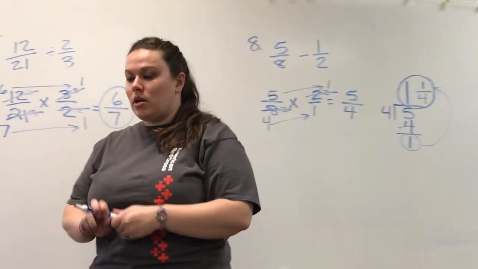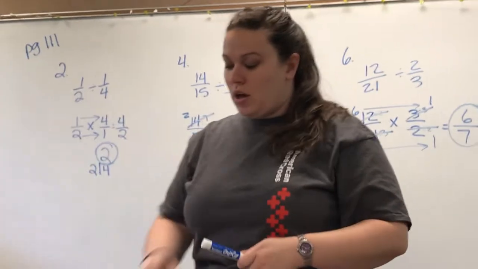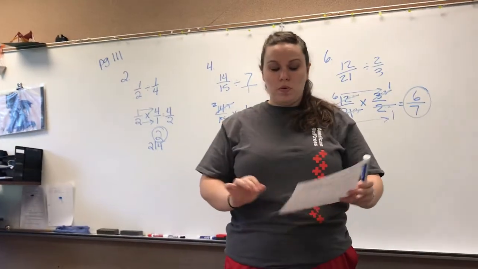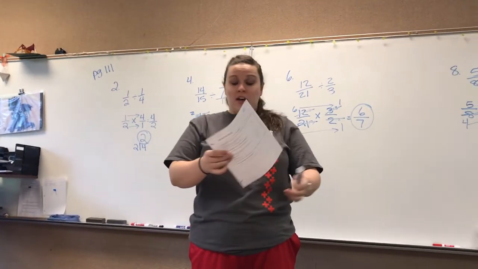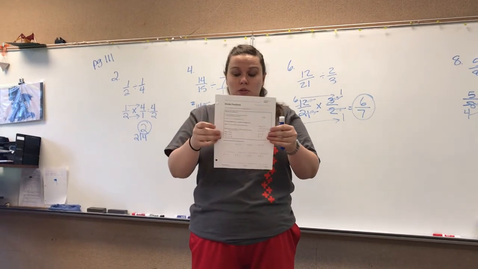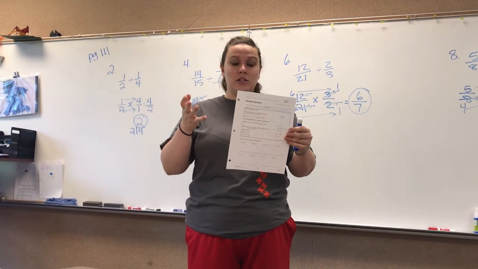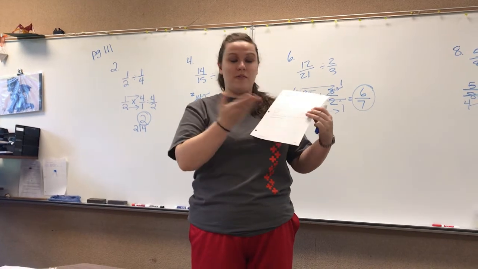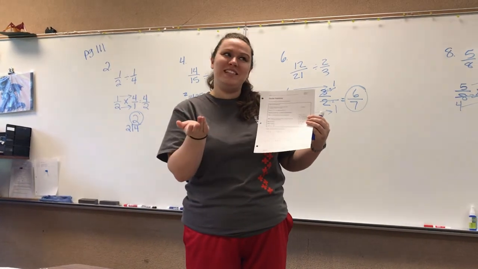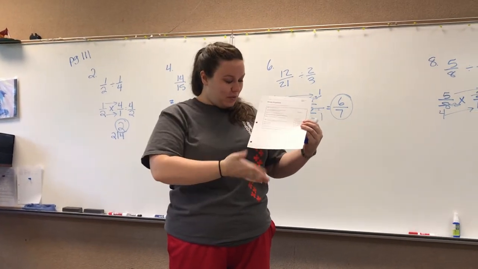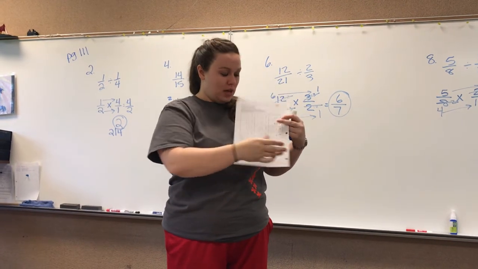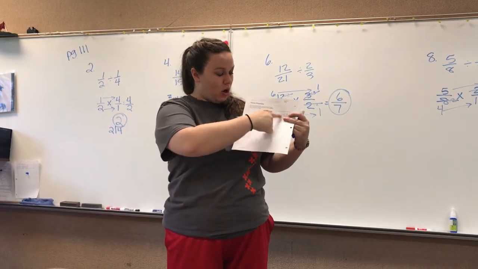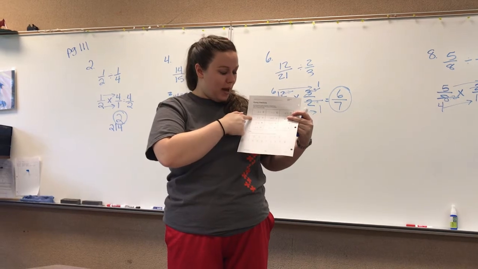Okay, now let's talk about your worksheet. Again, we're on lesson 2.7. And because I think that multiplying and dividing fractions are super easy, you have to do every one of these problems. Okay, so 1 through 8 on the front, and you have to solve all of these problems on the back.